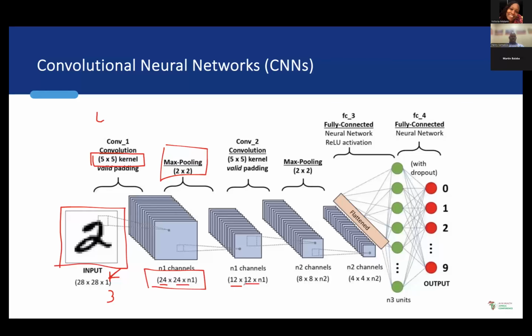And on the 12 by 12, we perform a convolutional operation with a filter of 5 by 5. So it will be 12 minus 5, which is 7, plus 1. The output will be 8. Then we perform max pooling again of 2 by 2. The output of it will be 4 by 4. So we shall flatten that output and we take it to a neural network to train.